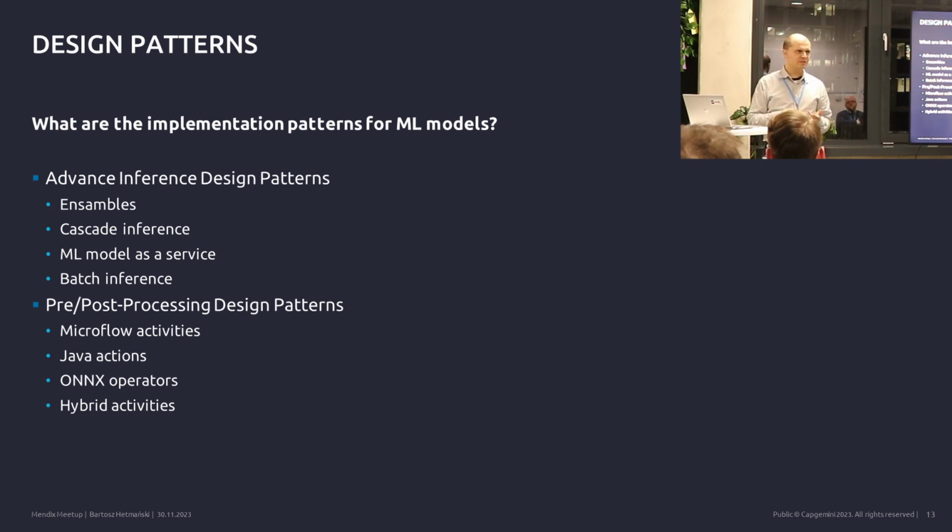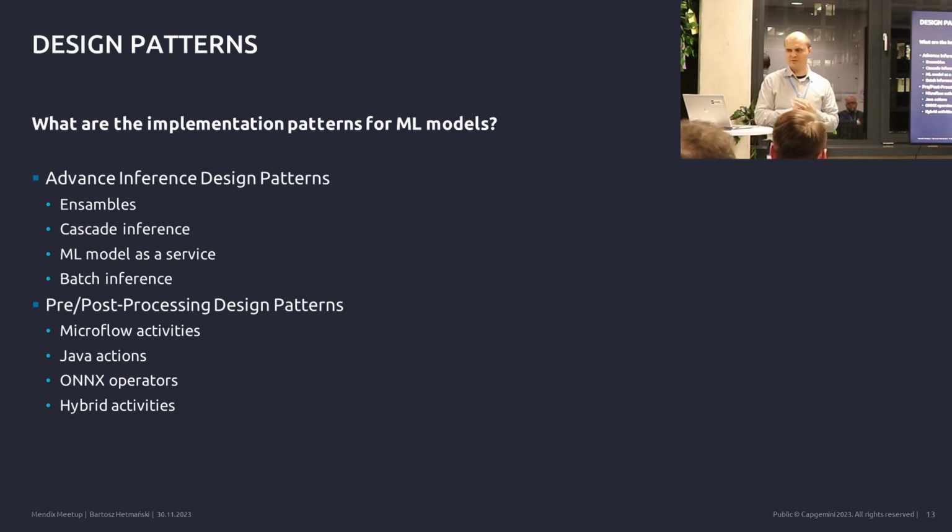You can run machine learning models as a service, so if you have a microservices architecture, each of your microservices can host a separate machine learning model, and all it does is provide the output for the input that you provide. Again, as I mentioned, I treat machine learning models as a black box. And then batch inference, that's another design pattern.